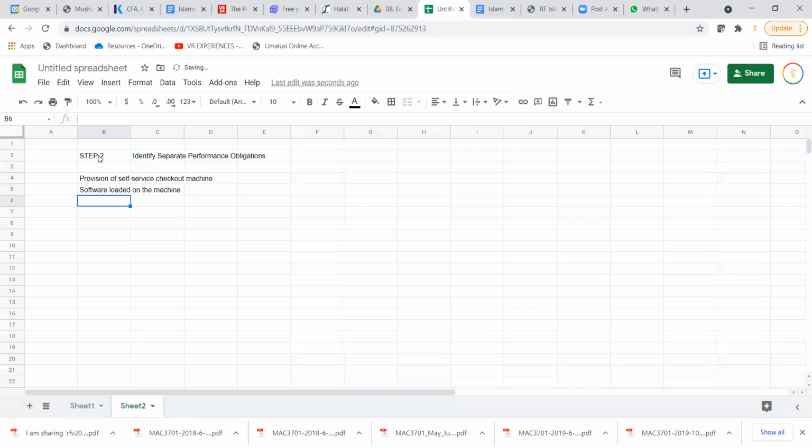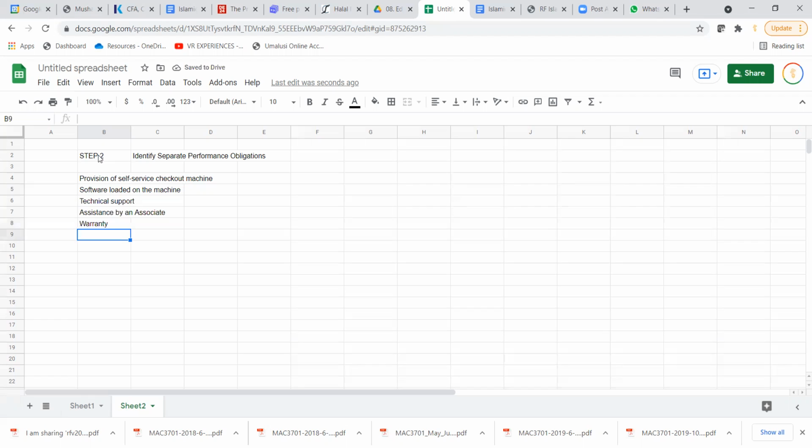It is technical support. If you read the scenario, you should be able to pick up all the promises, all the goods and services within the contract. It is assistance by an associate, and then it is a warranty. Okay, so that is all the promises within a contract.